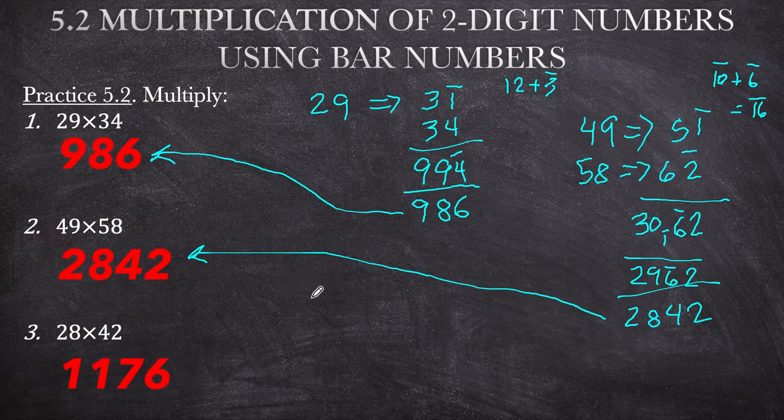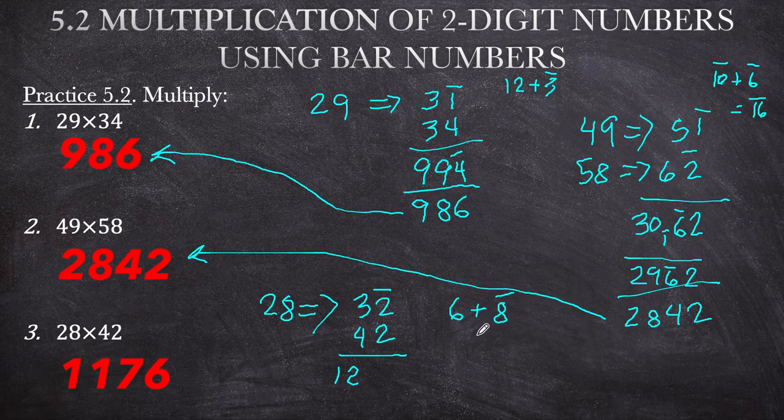And for number 3, we have 28 times 42. We convert 28 into a bar number, which gives us 3 bar 2. We multiply that by 42. This will give us 3 times 4 is 12. 6 times 2 is 6, plus 4 times bar 2 is bar 8. This will give us bar 2 in the end.